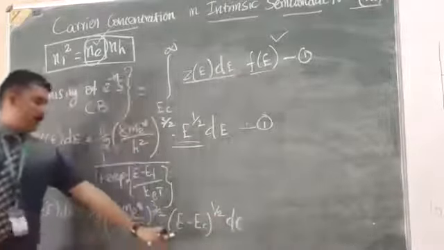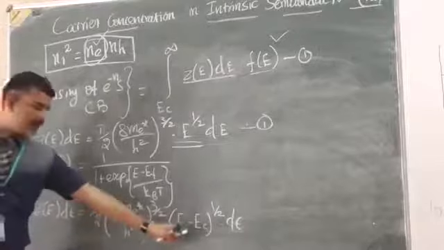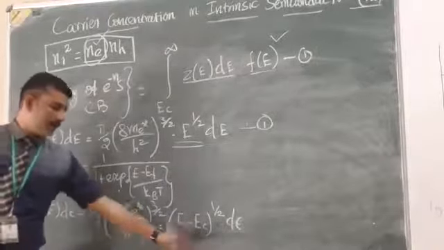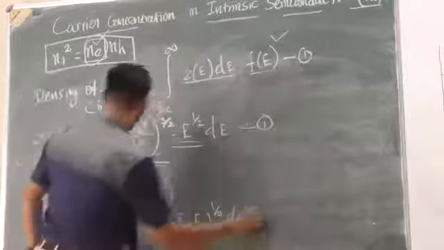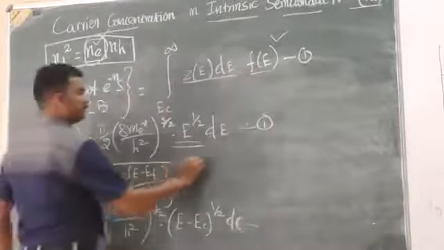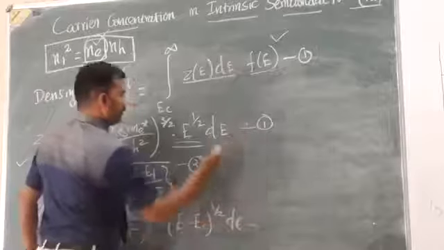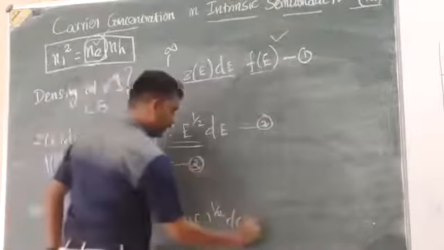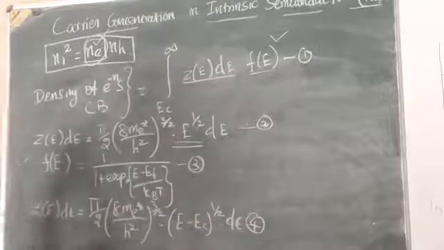Right? Why am I writing this now? The total energy level minus the minimum energy level. So this one you can take as equation number 2, this one is 3 and this one is 4.